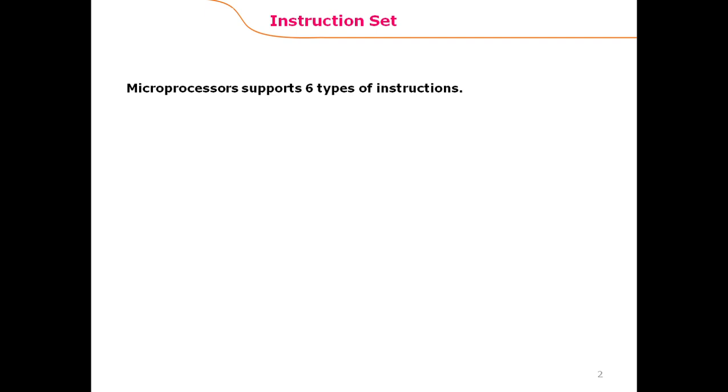Microprocessors, in particular the 8086 microprocessor, support 6 types of instructions. Briefly about the instruction set: for every microprocessor there is a set of instructions that can be used to write programs for that microprocessor.